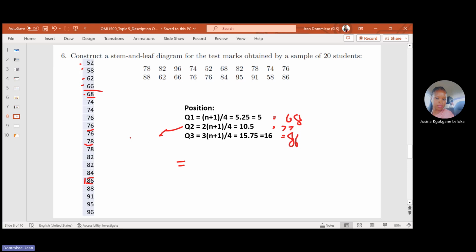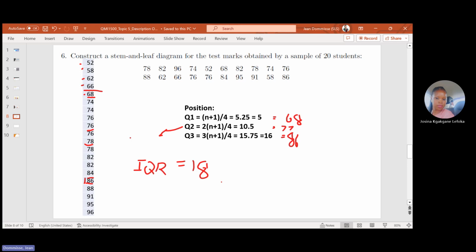So 86 minus the 68 would give us 18. So if I needed to work out our interquartile range, it would have been 18.